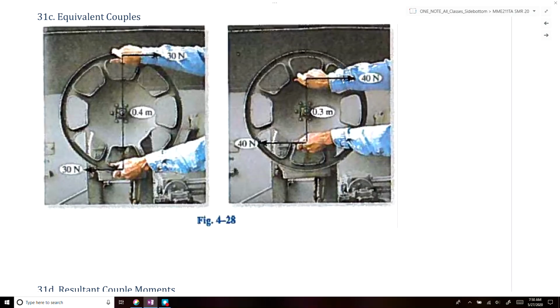In both of these cases, he's generating a couple moment of negative 12 Newton meters. Any two systems that create equivalent moments are considered equivalent couples.